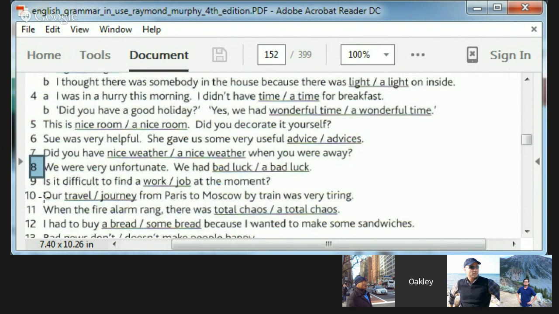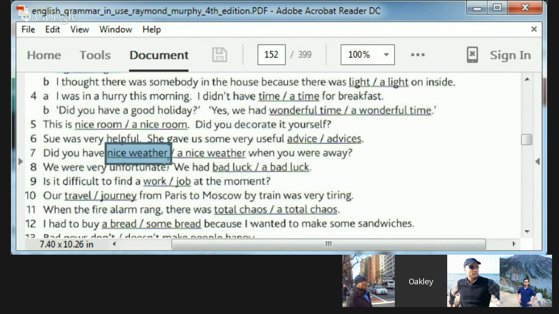Okay. Hogan, number 7. Jeez, I don't know how to count. Okay. Did you have a nice weather when you were away? Which? The second one, a nice weather. No. Weather, always uncountable.